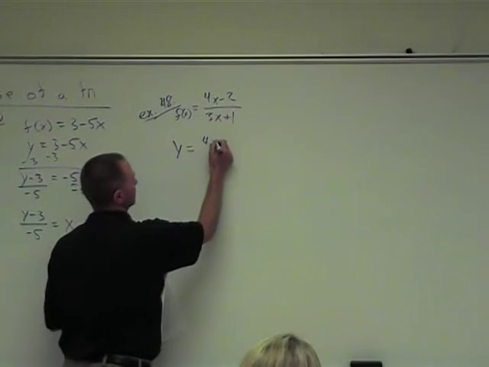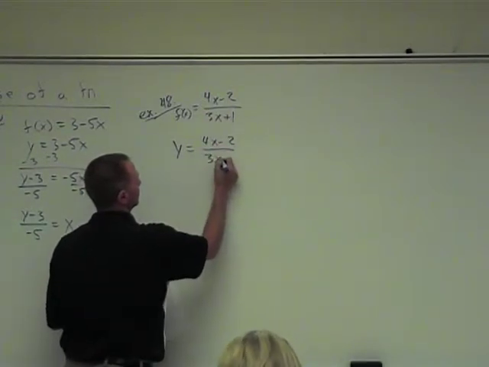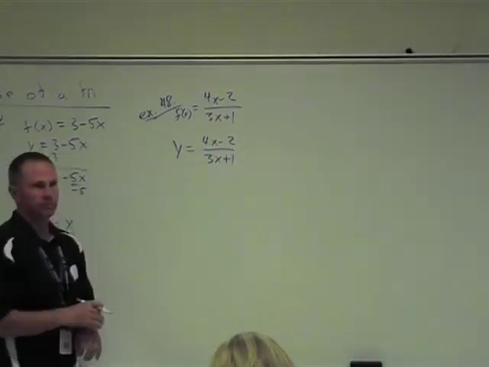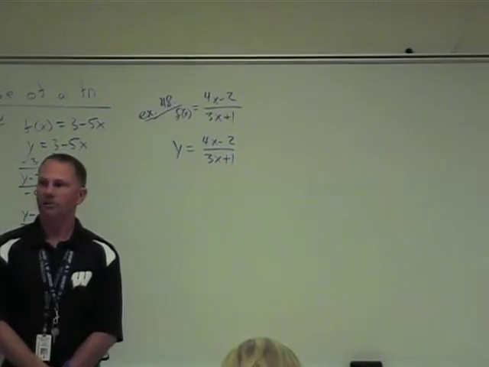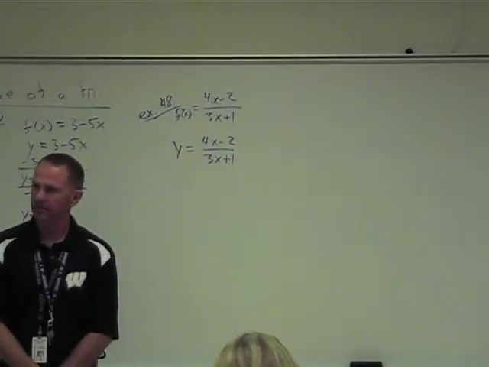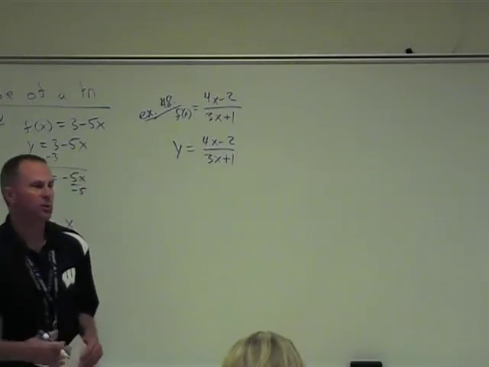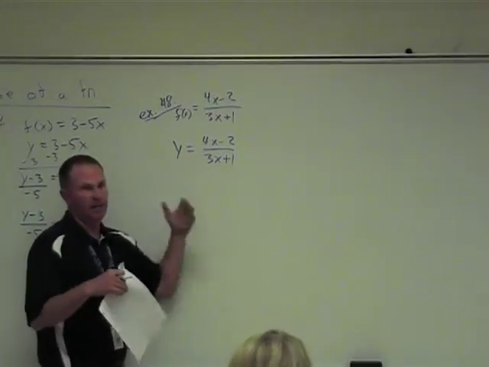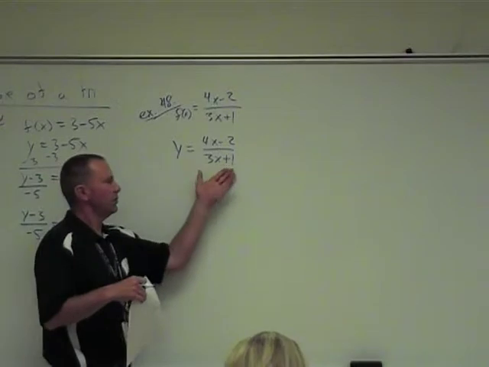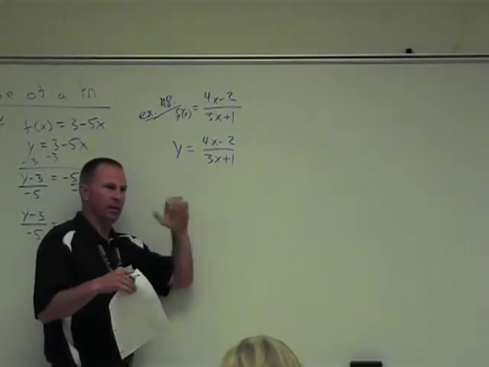What do I do first? I don't like fractions. And you have 2 different places where there's an x. So what we should do is probably get this x out of the denominator. And so how do you get your denominator to move?